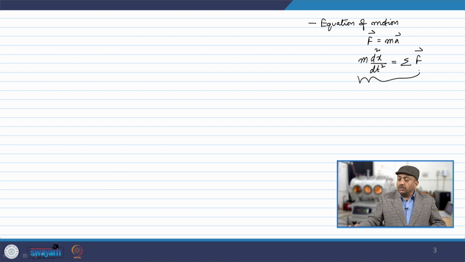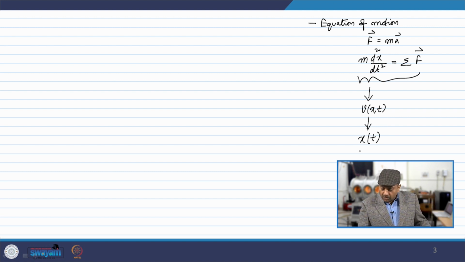Now, if you know the analytical form of forces that will appear on the right hand side, and if you are able to solve this equation, or you integrate this equation once to get the velocity as a function of position and time, you integrate it twice, you will get position as a function of time.